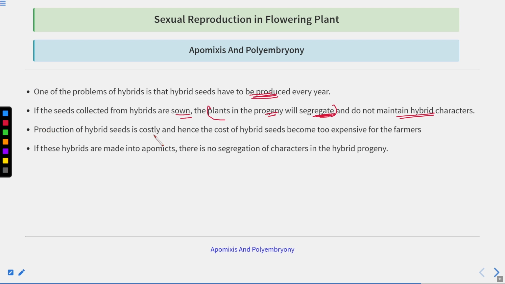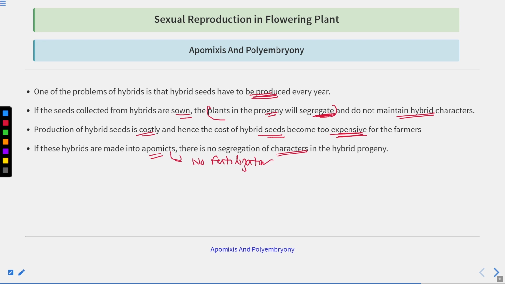Now, next, the production of the hybrid seed is very costly, and hence the cost of hybrid seed becomes too expensive for the farmer. So these hybrid seeds are very costly. Now, if these hybrids are made into apomicts, there is no segregation of the character in the hybrid progeny, because in apomixis there is no fertilization.